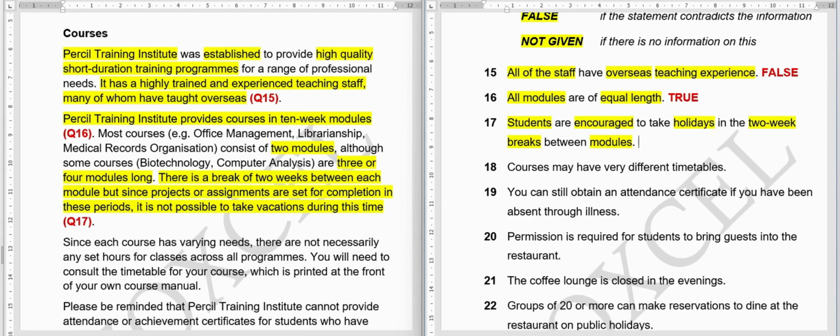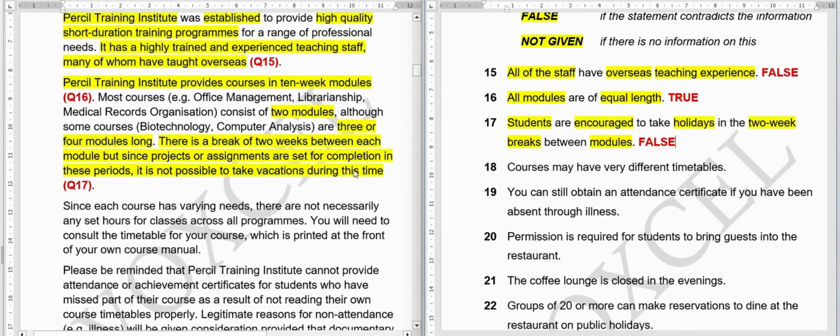Now I'm going to write the answer here, and the answer to this is false. I hope it was crystal clear. It was staring right at you. So why is it false? Because they're saying it is not possible to take vacation. Holidays means vacations. So it's not possible. So obviously we are not encouraging them to do that thing that is impossible. I hope it is clear.